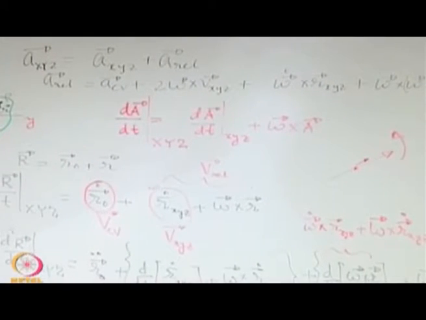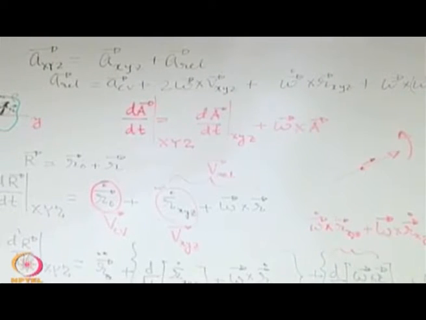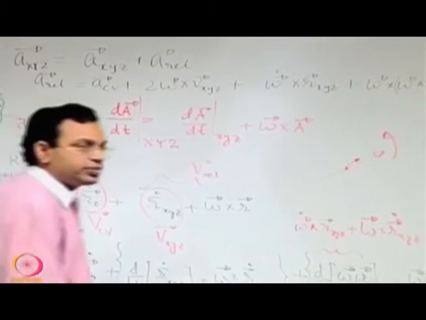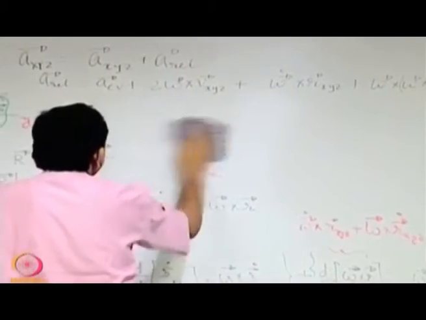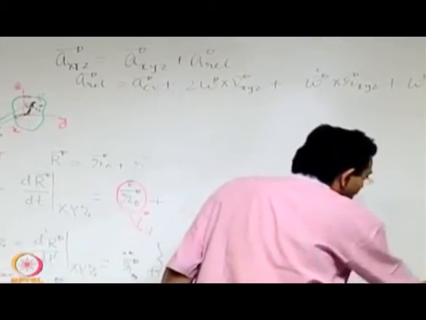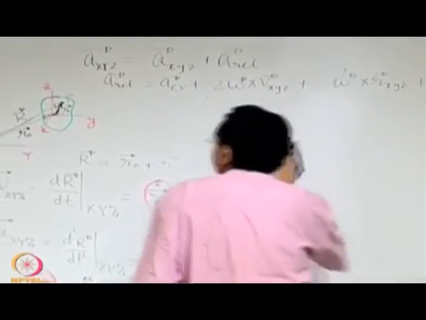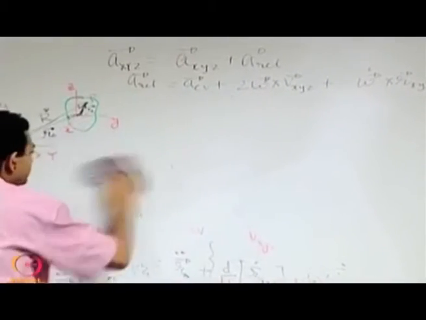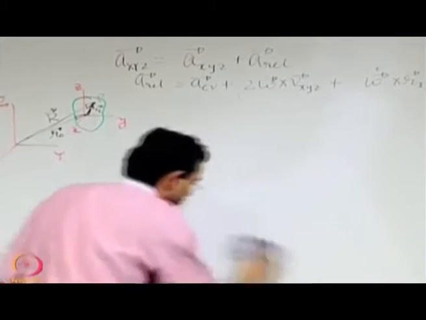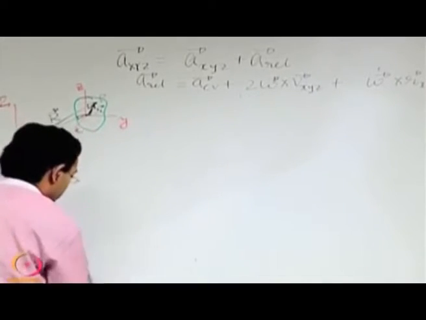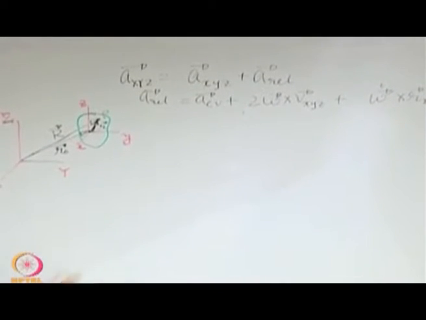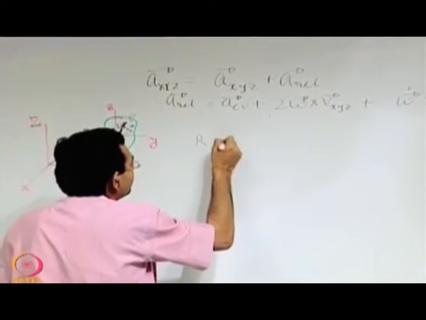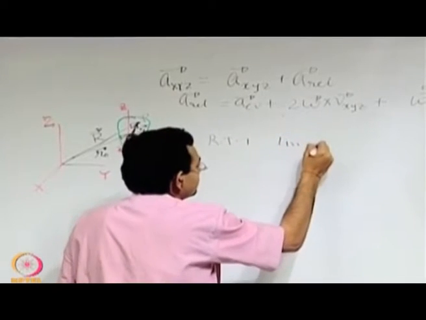Now, how will this be important in the context of use of the Reynolds transport theorem? Let us try to go back to that. Let us say that we are interested to write the Reynolds transport theorem for linear momentum conservation. So, Reynolds transport theorem applied for linear momentum conservation.